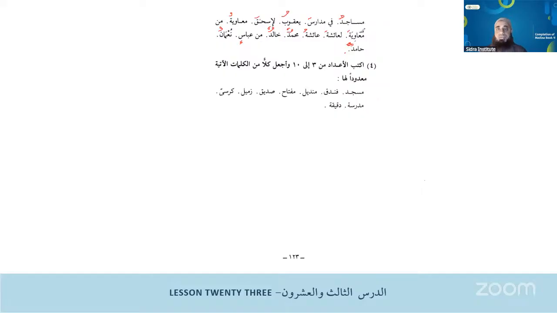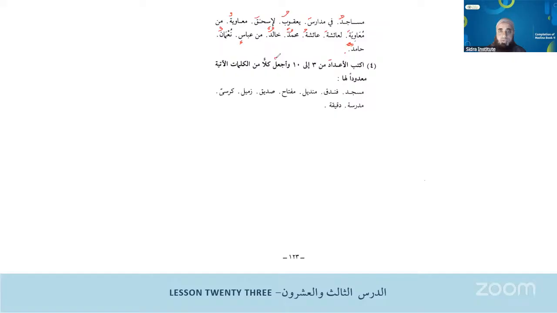So masajidu fi madarisa Yaqubu li Ishaqa Muawiyatu min Muawiyata li Aishata Aishatu Muhammadun Khalidun min Abbasin Nu'manu and Hamidun. Next exercise says Uktub, write al-a'dada, the numbers min ثلاثة إلى عشرة, from 3 till 10.